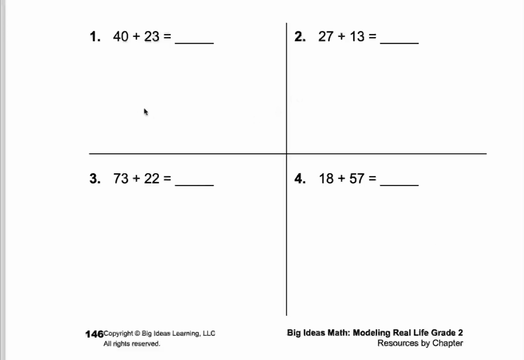So here, for the first one, we have 40 plus 23. We can rewrite this as 40, this 40 as it is, and break the 23 to be 20 plus 3. And now 40 plus 20 is, what is 40 plus 20? Help me, my heroes. What is 40 plus 20?